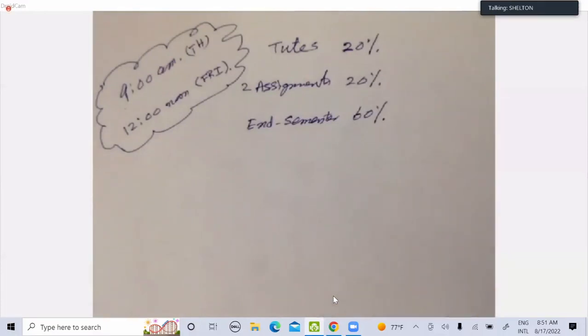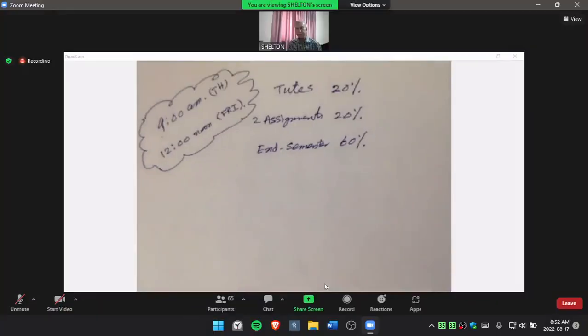The problems are very similar to the ones we have done, covering the entire linear algebra section. That will help you do the end semester exam also. If there are any questions regarding that, you can ask now.